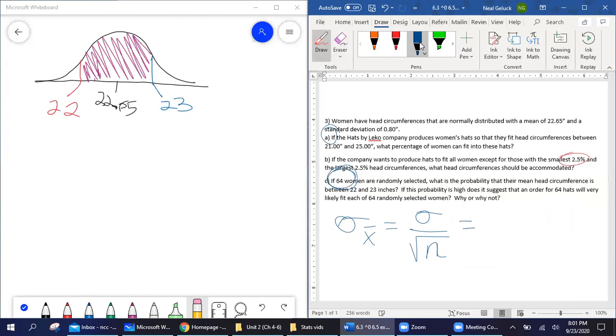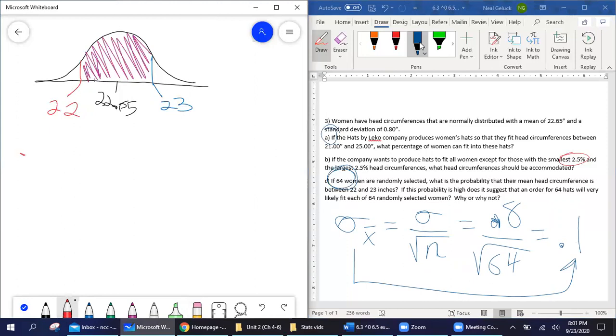So for this problem, that's going to be 0.8 divided by the square root of 64, which comes out nice. It is just 0.1. So that is the new standard deviation I'll be using on the calculations, 0.1.